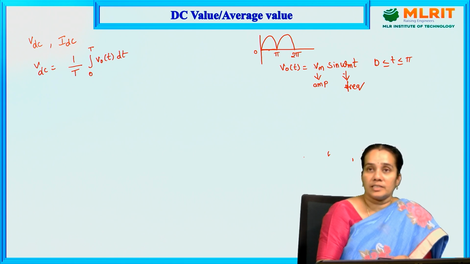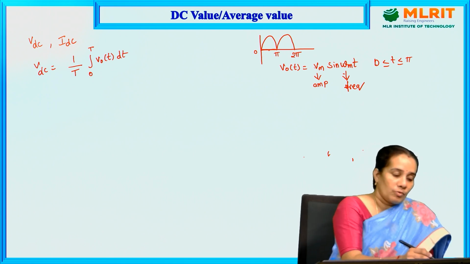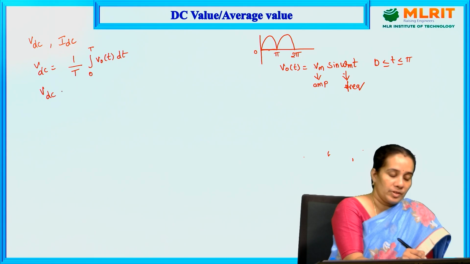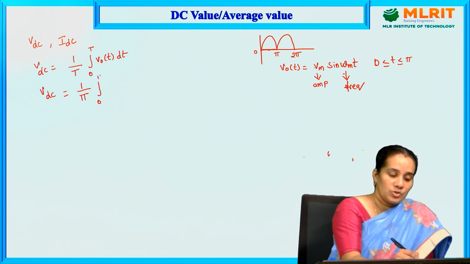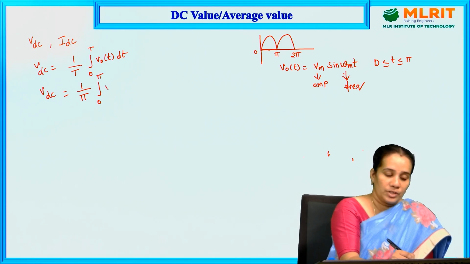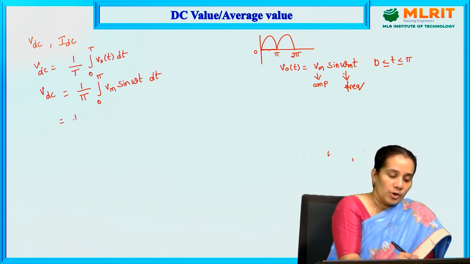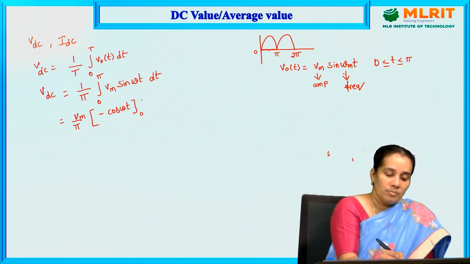Now calculate the VDC of the full wave rectifier. VDC is equal to 1 by the total time period, which for the full wave rectifier is pi radians, and the cycle varies from 0 to pi radians, and V0 of t is equal to Vm sin omega t into dt. If you apply the integration, Vm is a constant, so take it outside. Then the integration of sin omega t is minus cos omega t, and the limits vary from 0 to pi.